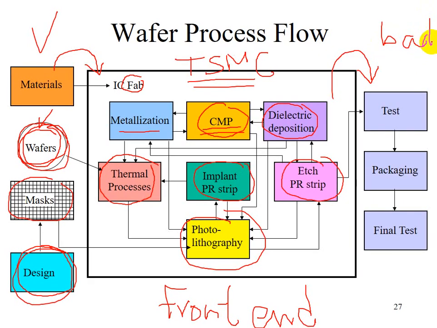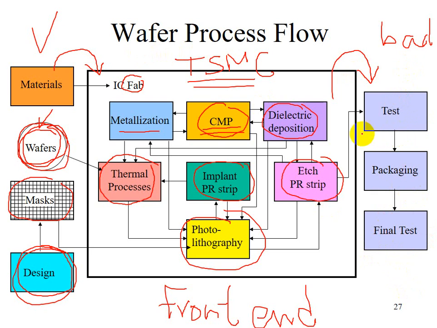Back end process includes packaging and testing. After the IC is fabricated at the fab, it goes through testing, packaging, final test, and a good chip will then be sent to the customer. And this is the so-called back-end process.